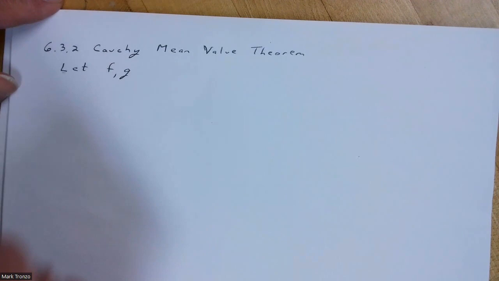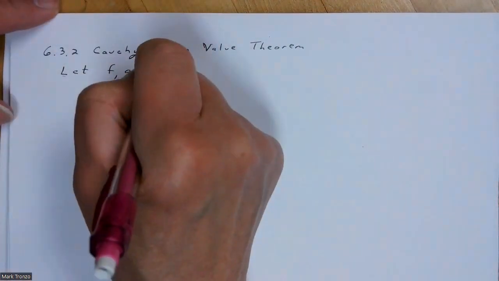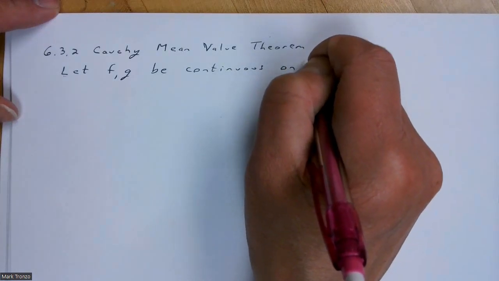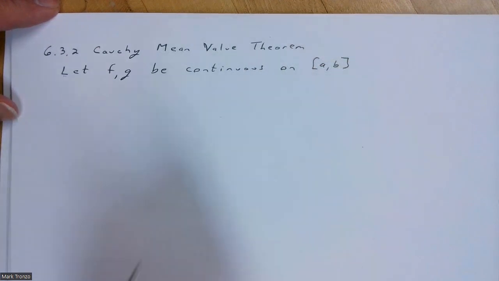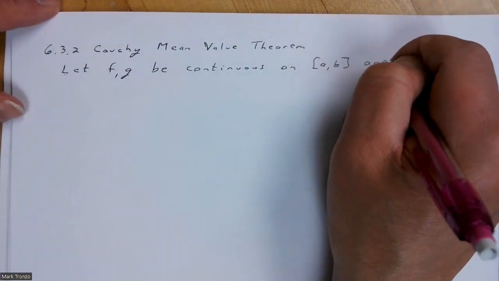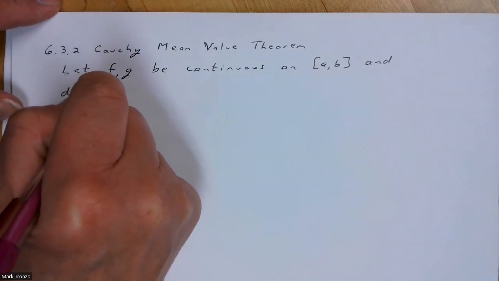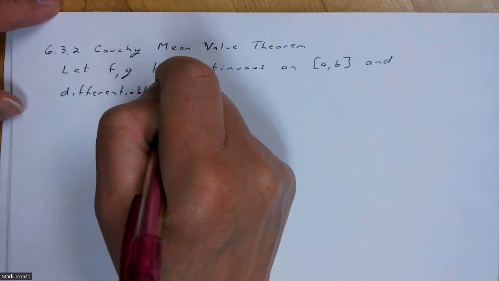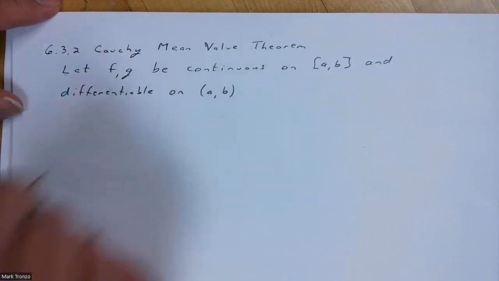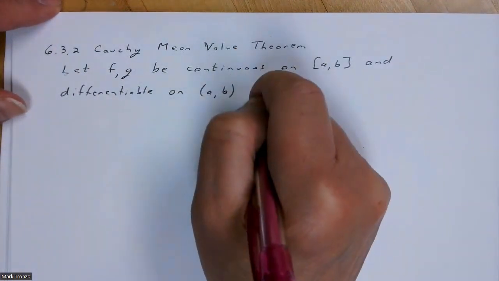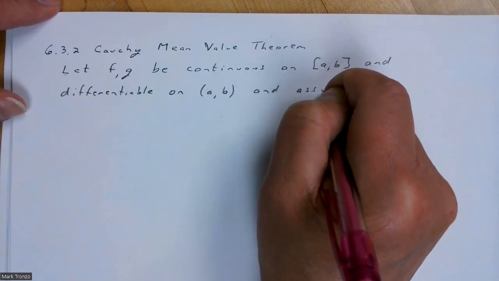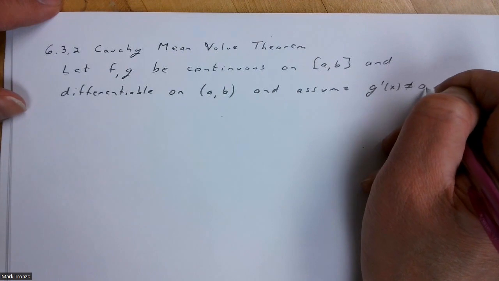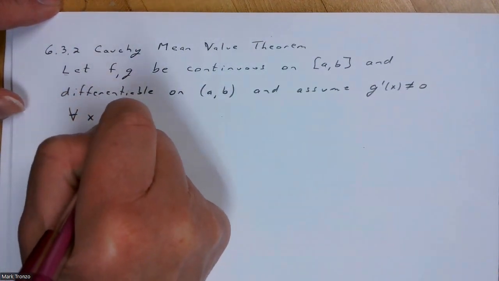Let f and g be continuous on [a, b] and differentiable on (a, b), the open interval, and assume that g prime of x is not equal to 0 for all x in (a, b).